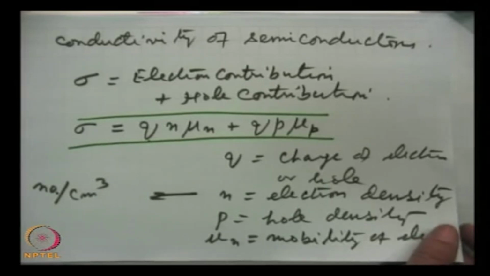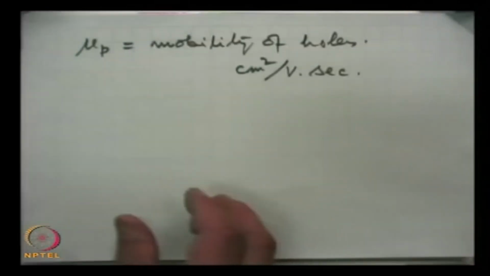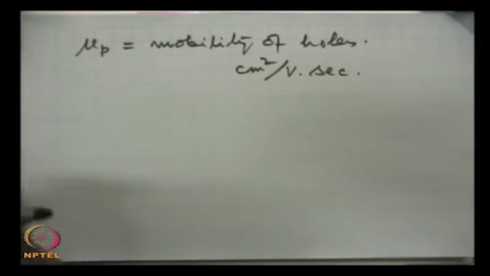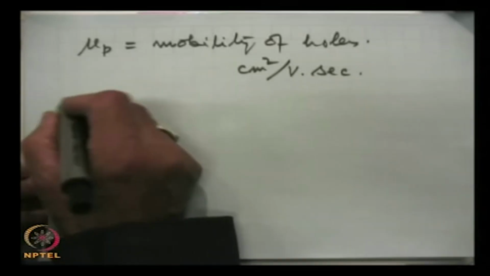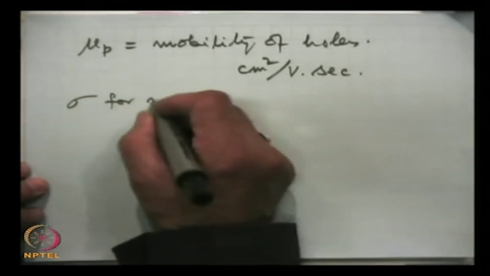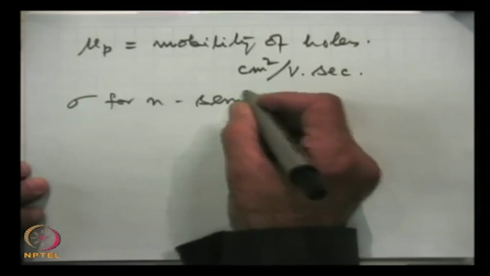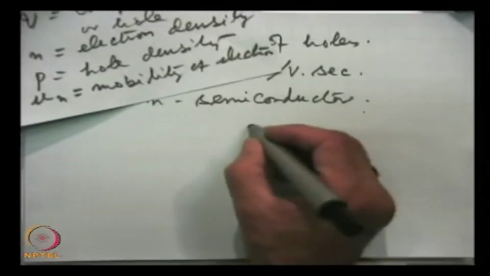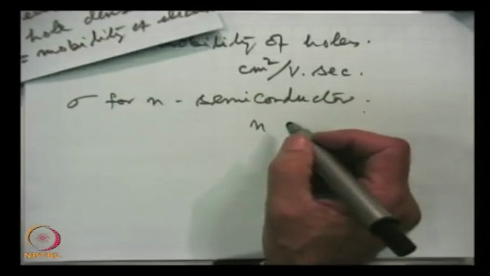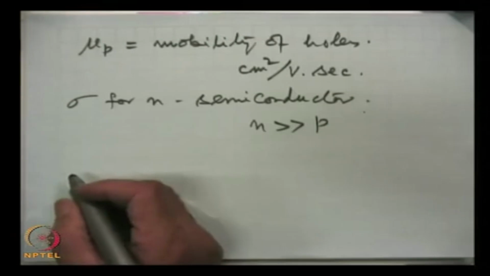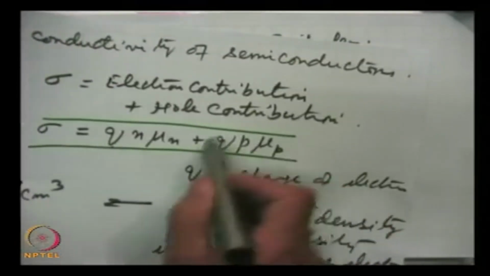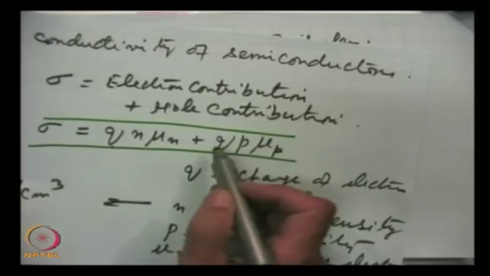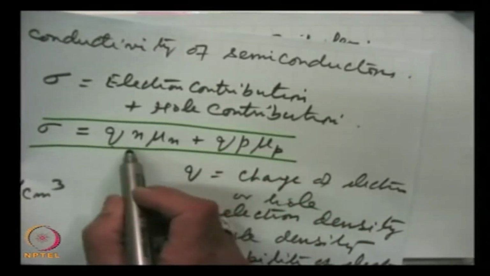Now, we can write from here the expression for the conductivity of n semiconductor, conductivity of p semiconductor. The conductivity for n semiconductor: in this expression here, the electron concentration will be much higher as compared to hole concentration. So, this term will be negligible, several orders of magnitude smaller than this term.